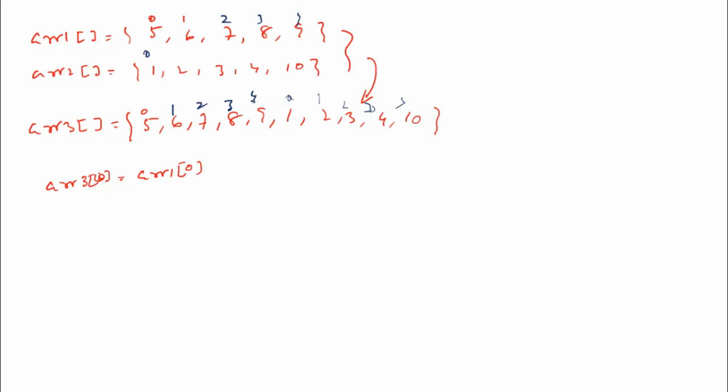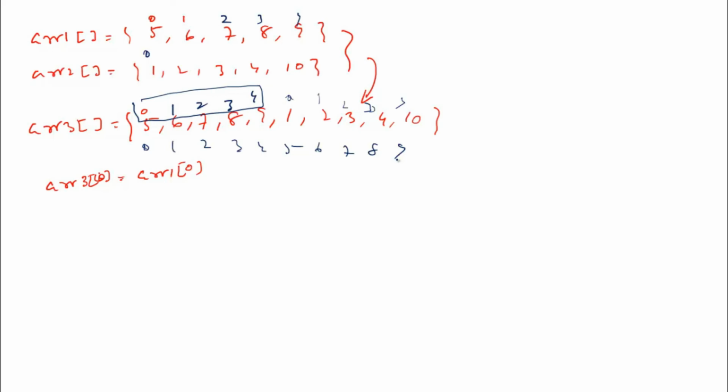Okay, so I need one variable which counts the total here, the i: 0, 1, 2, 3, 4 and then 0, 1, 2, 3, 4. So for the third array the indexes are 0, 1, 2, 3, 4, 5, 6, 7, 8, 9.